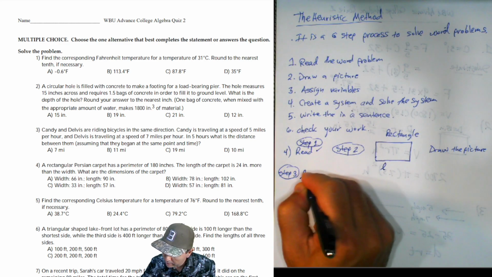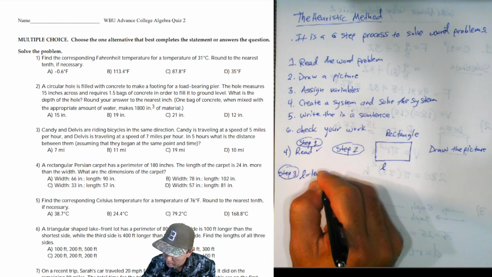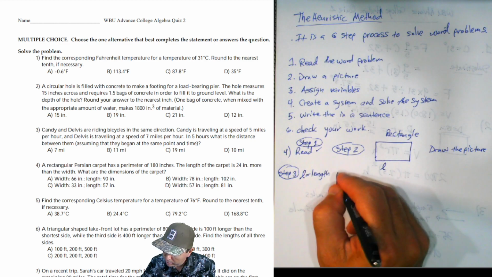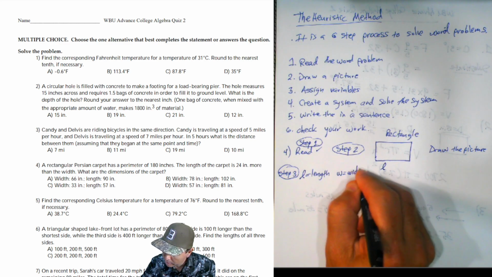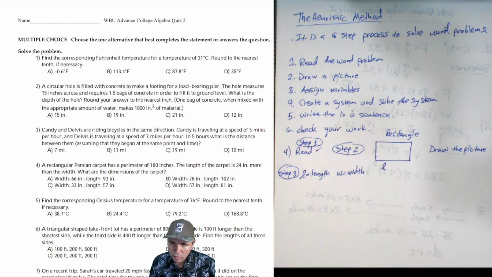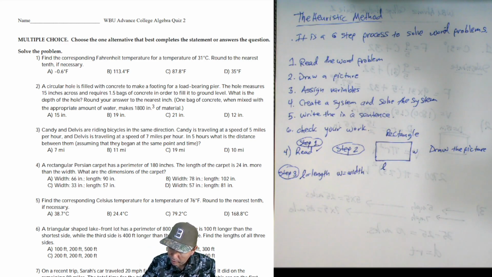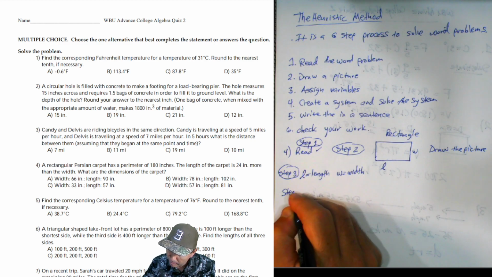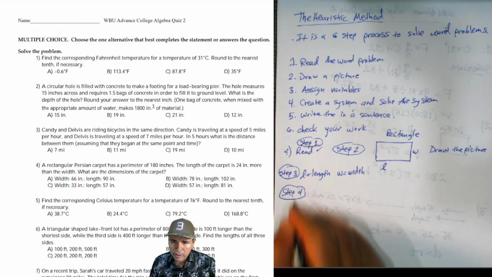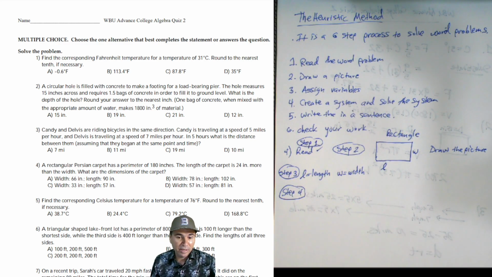So L equals length. And W equals width. Notice how we just take the first letter of each word. So this will be your width. Okay. Then we got to go to step 4. This is the hard part, guys.